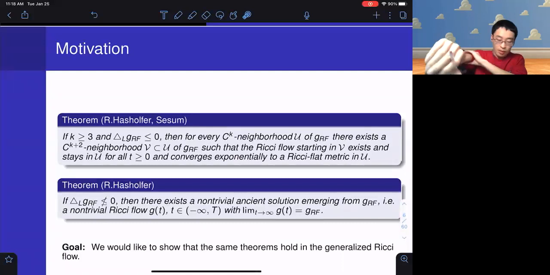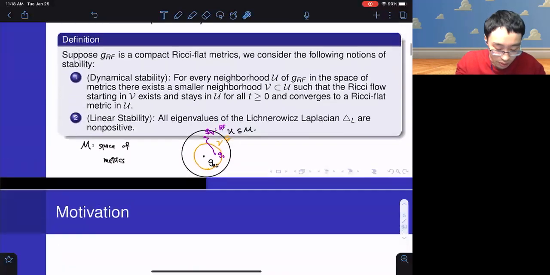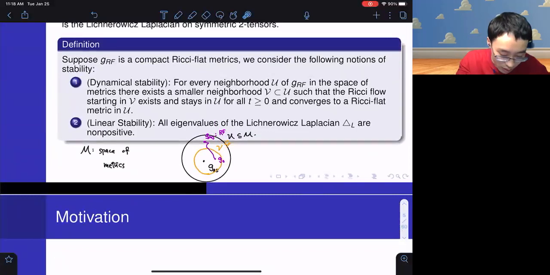Okay, so this is the result from Haslhofer and Müller. Sorry, let me comment on one thing. First of all, if you look at the definitions of these two stabilities, you can see that dynamical stability implies linear stability. This is due to the fact that along the Ricci flow, lambda is non-decreasing.